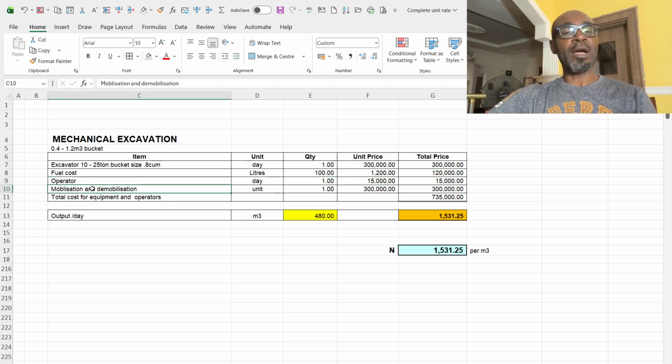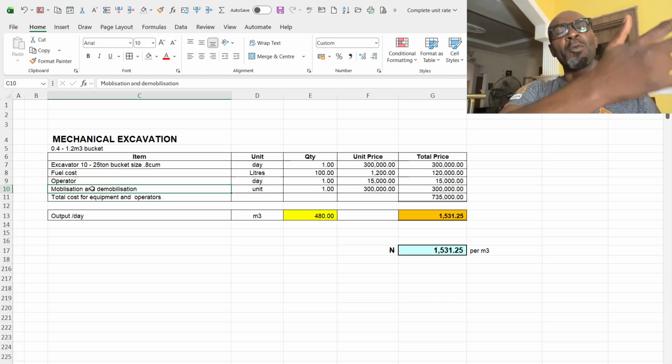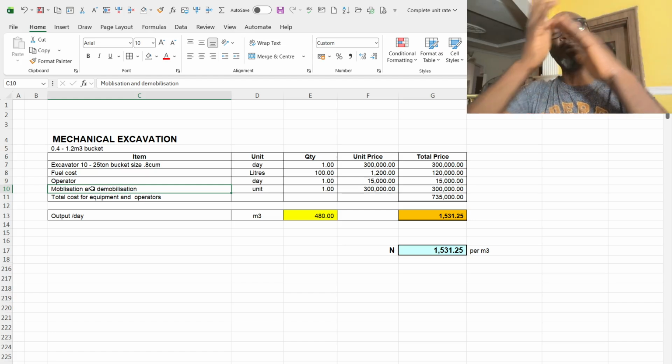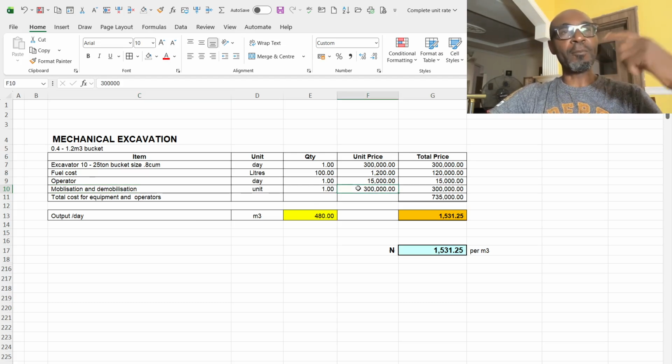Then for this equipment, even though you are not hiring it, if you are mobilizing to site from your mechanical yard, the low bed that is going to bring it costs money. So in this case, you are calculating both demobilization and mobilization into your cost. It's 150,000 bringing and 150,000 to take it off from site. So you have 300,000.